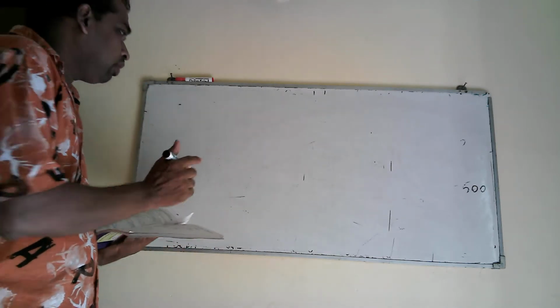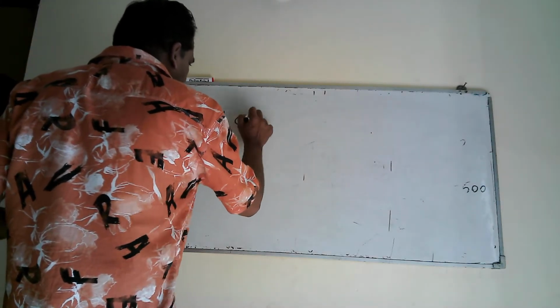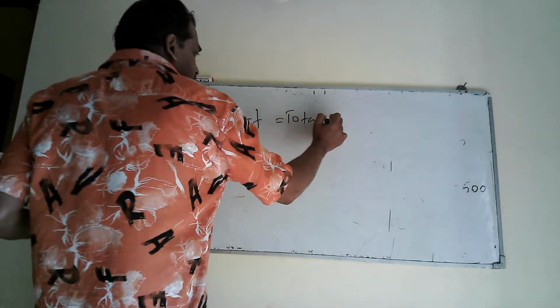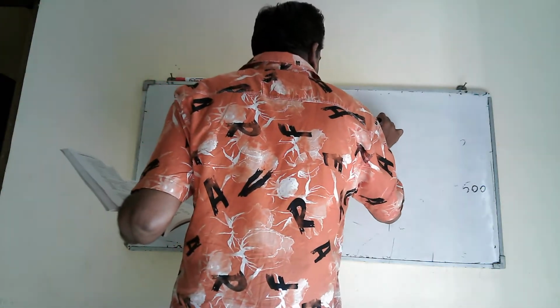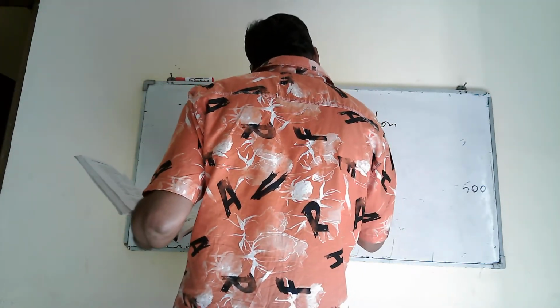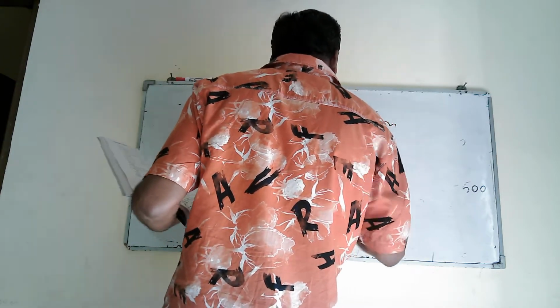If you want to know, I will just calculate unit cost. Unit cost equals total production cost divided by number of units.